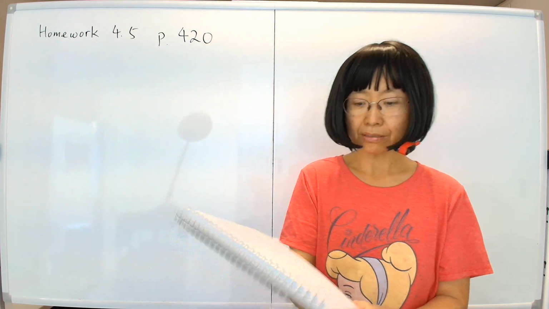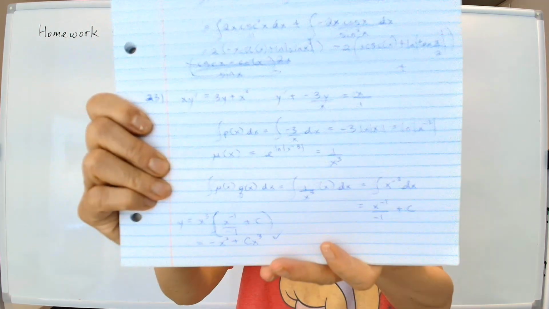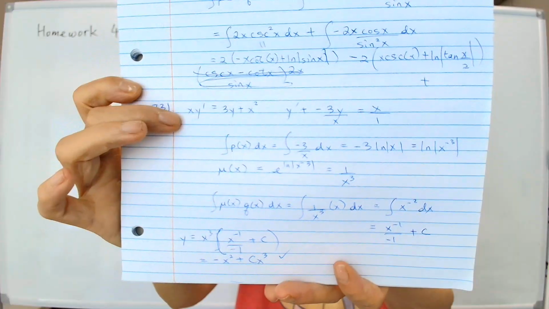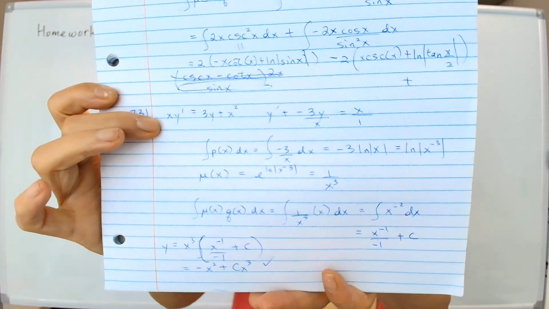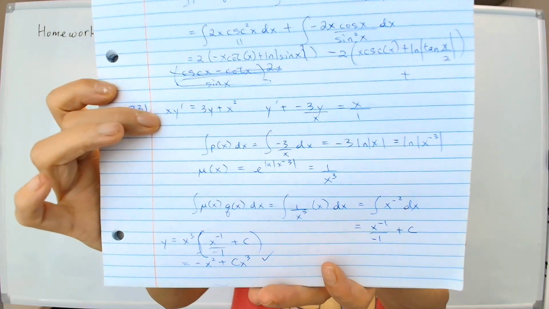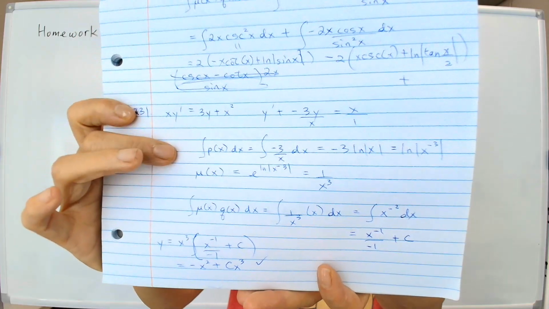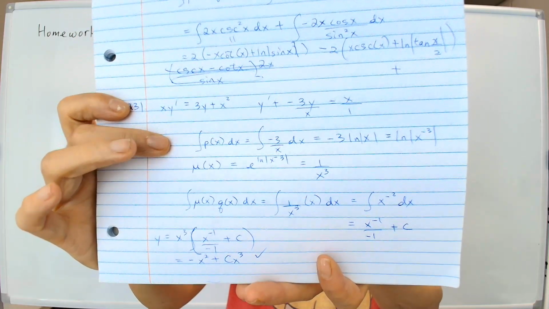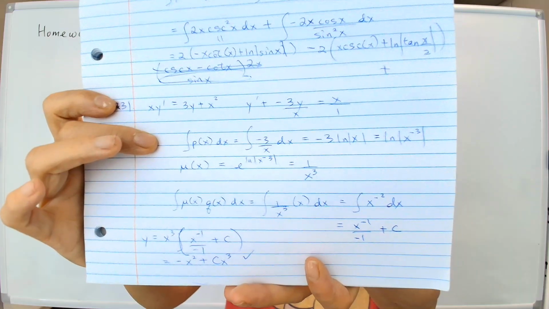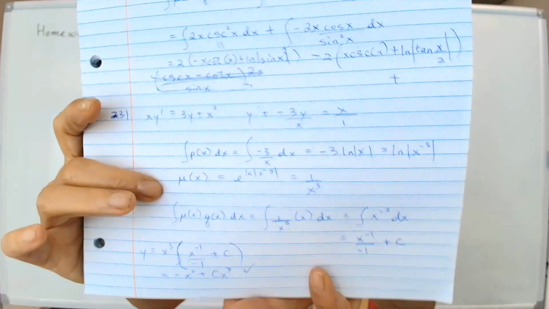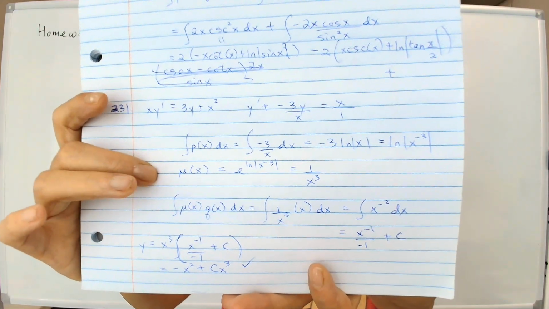Next, problem 231, the same thing. We follow the rules. First we rewrite the formula into y prime plus p of x y equal to q of x. Then we integrate p of x, which in this case happened to be a quick little integral. Then we slap an e under it, and that becomes the mu of x.